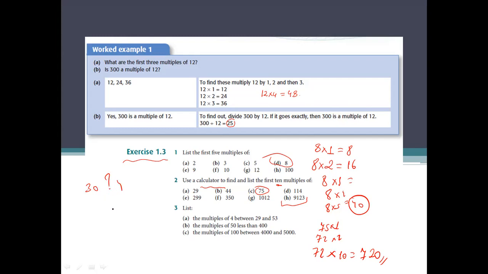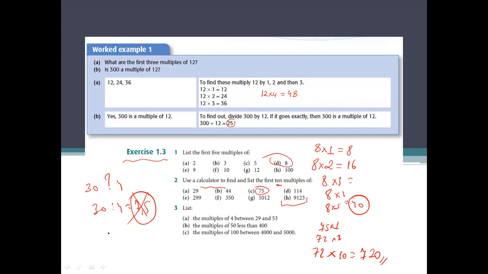No, because the answer is not an integer. When you divide 30 by 4, the answer is 7.5. It's a decimal number. That's why 30 is not. And the second one, 31, is an odd number, so you cannot divide it by 4.